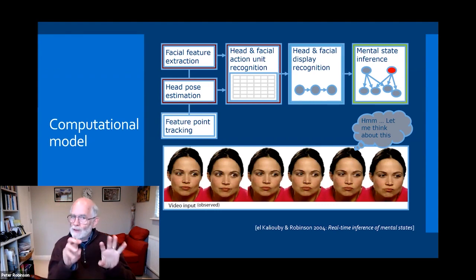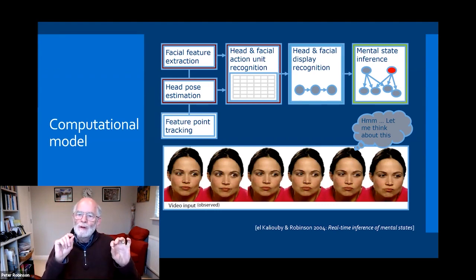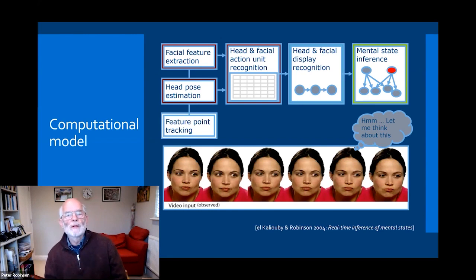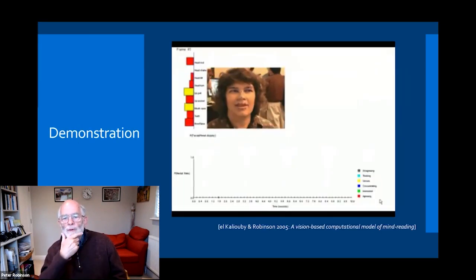So we could identify these different action units, and then from those we could infer gestures, if you like, displays. So nodding is a sequence of head up, head down actions. And then finally, we could infer from the gestures the mental state using a bit of history, building up over about 2 seconds.